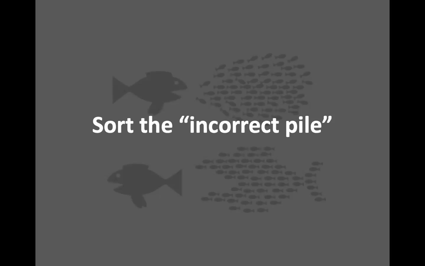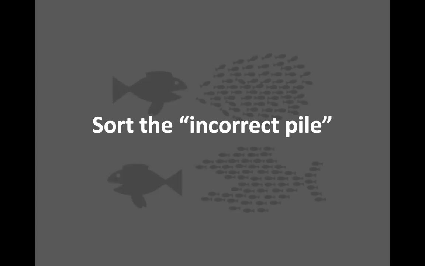And then maybe there is another pile where you can't even tell what the student is thinking. Maybe you could tell they don't have a clue what they're doing. So you now have an incorrect pile that is split into 3 different piles, allowing for conversation with that teacher.